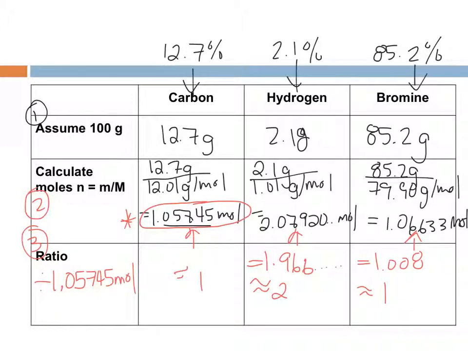So what this means is that for every 1 carbon, we have 2 hydrogens and 1 bromine. So our empirical formula would be CH2Br. The ratios are giving you the subscripts in your empirical formula.